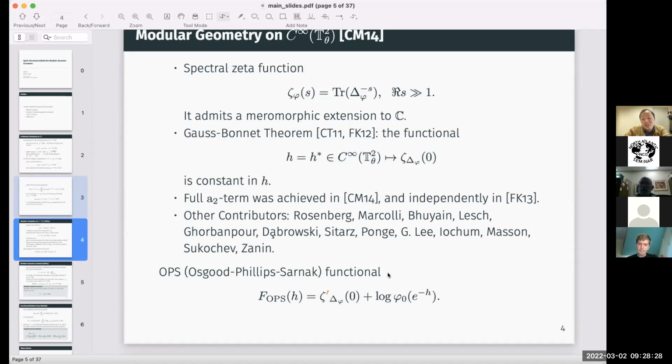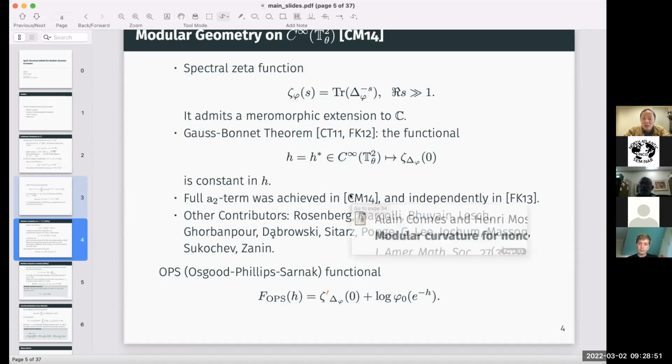What's the nice thing about this functional? I think it has been shown in this paper that when you consider the gradient flow of this functional, then we recover the Ricci flow on Riemann surfaces.